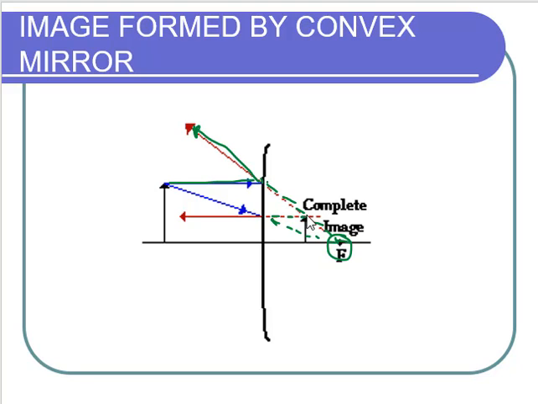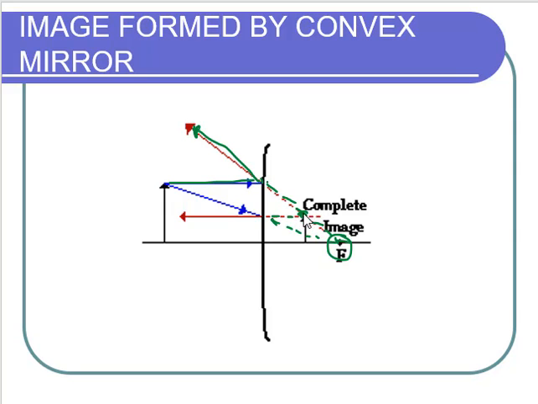And then if you draw the extension, this intersection is where the image is located, or the tip of the image is located. Okay? So again, ray 1 would be parallel to the principal axis and then diverge, but the extension should pass through F. And then ray 2, the extension here should pass through F, but at this point, it will be reflected.